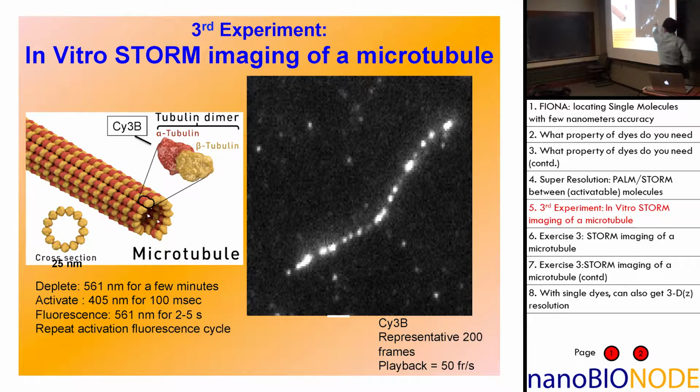And this is what it is. In fact, here you can pretty much see that each time it's only a single point spread function. Occasionally, two of them are emitting at the same time, and you typically just throw that out. You don't use it. Okay?